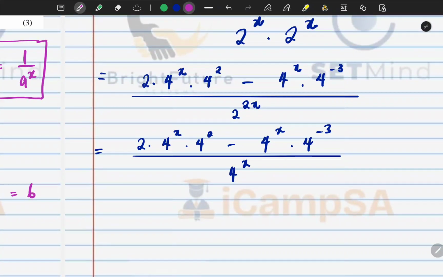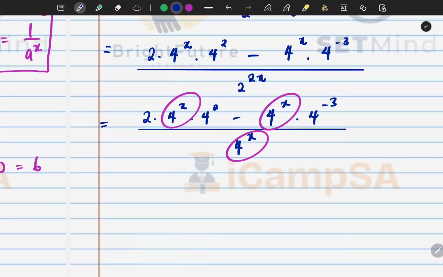So now I have exponents which have the same base. I have 4 here, 4 here, and 4 here. So I can factor that out.